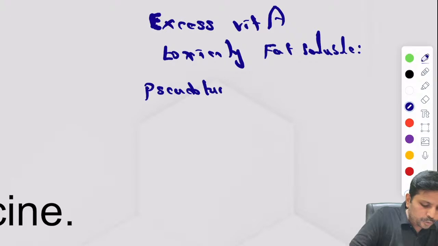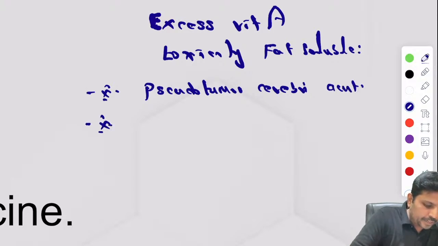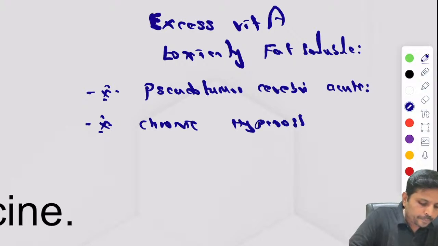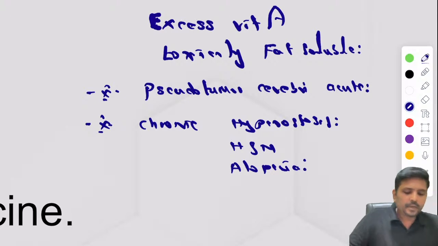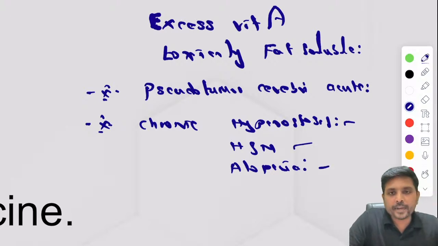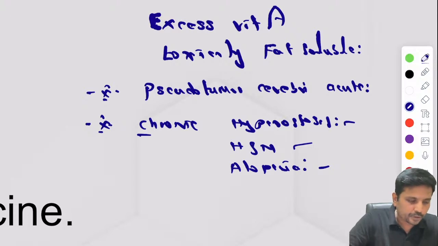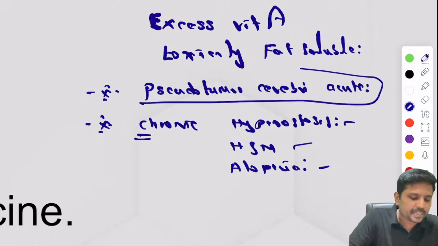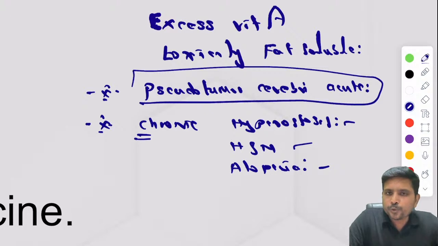Acute hypervitaminosis A leads to pseudotumor cerebri, a raised intracranial tension picture, whereas chronic hypervitaminosis A can lead to hyperostosis, thickening of bones, hepatosplenomegaly, alopecia, etc. So alopecia, hepatosplenomegaly, hyperostosis are the manifestations of chronic hypervitaminosis, whereas acute hypervitaminosis is characterized by raised intracranial tension and mimics pseudotumor cerebri.